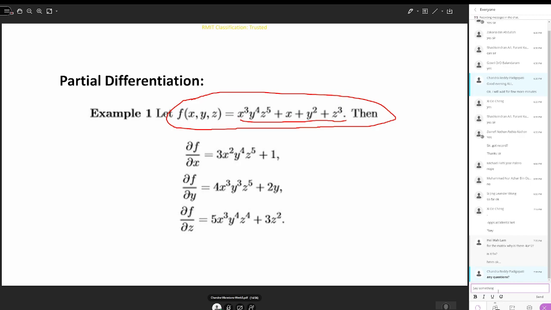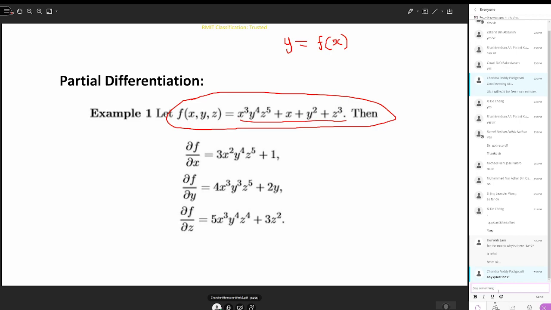So it is a function with three variables: x, y, and z. We cannot have a full derivative for these types of functions. Otherwise, we have functions like y is equal to f of x, where the y value depends only on the variable x, so you have only one variable.